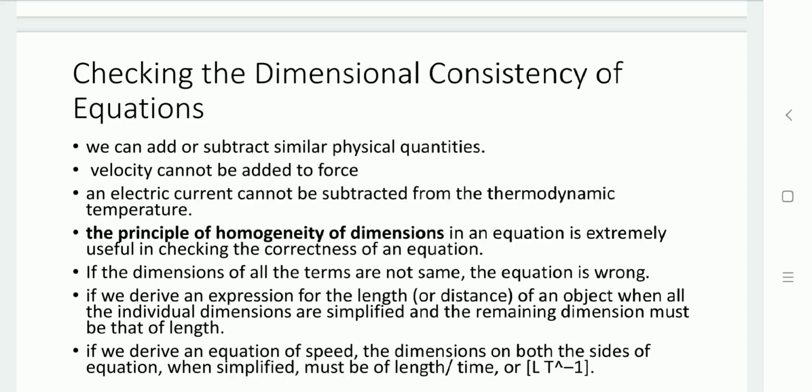For that, if we derive this expression for the length of an object, when all individual dimensions are simplified, then the remaining dimension must be in terms of length. For example, if we derive the equation for speed, then dimensions on both sides should be equated, and at the end, the result will be generated in terms of speed, distance per time, that is equal to length per time.